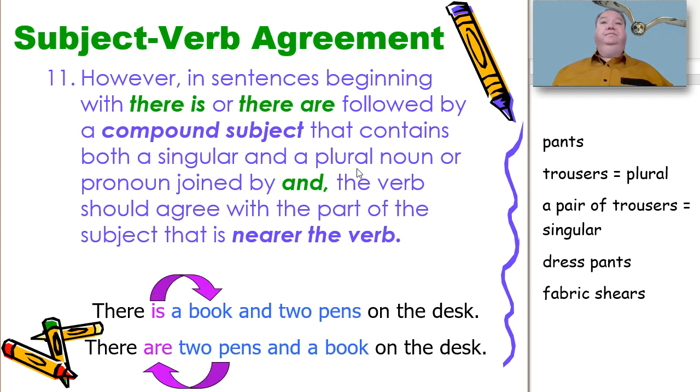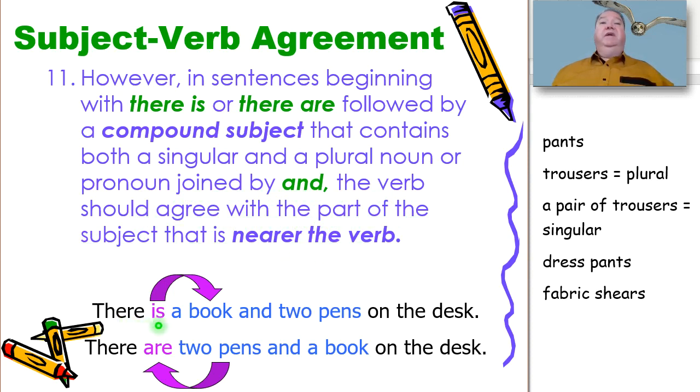However, that means it's going to be something different here. In sentences beginning with there is or there are, followed by a compound subject that contains a singular and a plural noun or pronoun joined by the word and, now the verb should agree with the part of the subject that is nearer the verb.